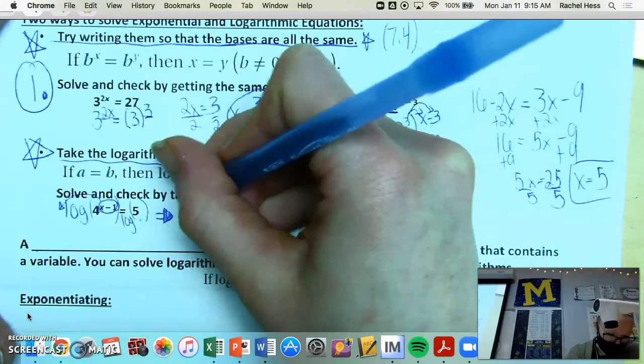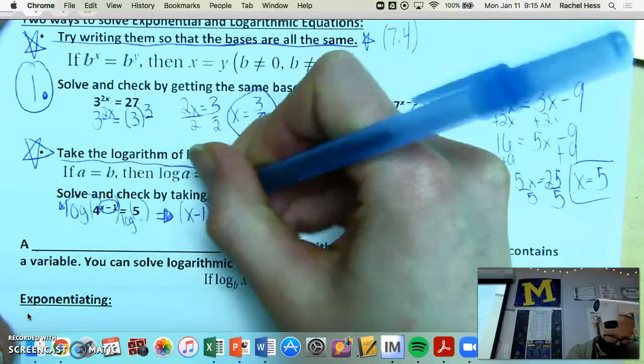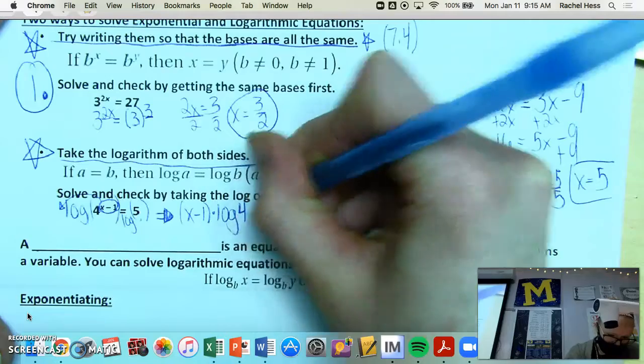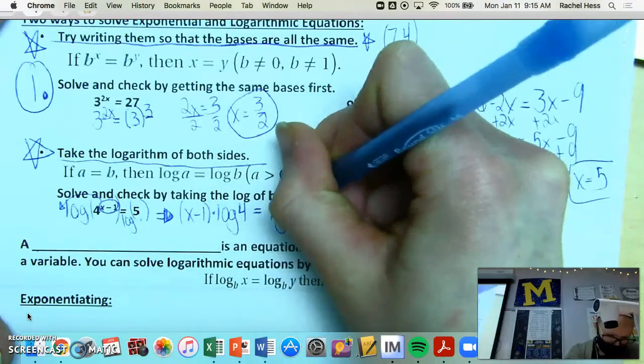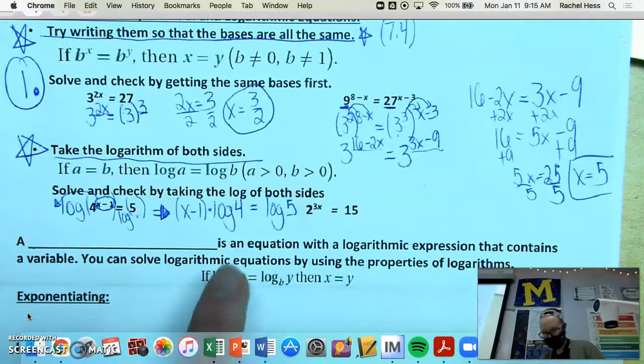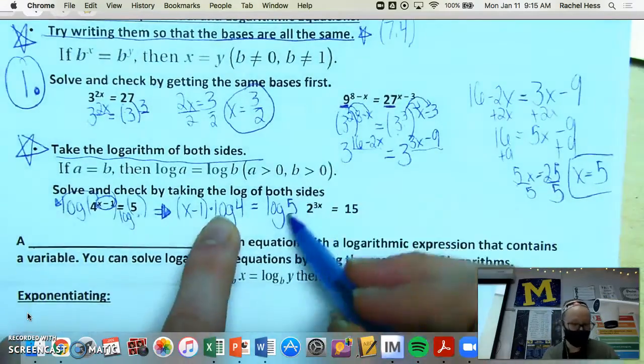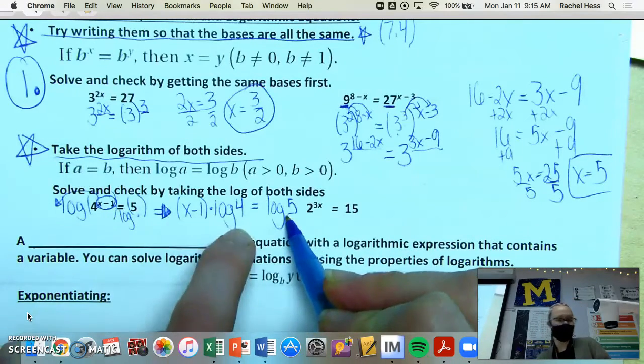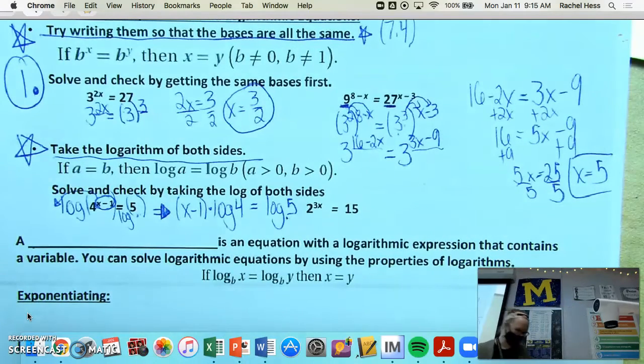So I'm going to have that x minus 1 out front, and then a log of 4, and that's equal to the log of 5. And what you can do is actually convert log of 4 and log of 5 into decimals by either plugging it into a calculator, so I'll show you mine, or you can just Google it.